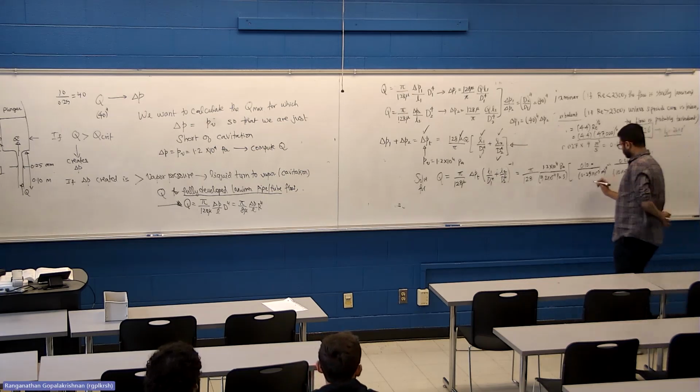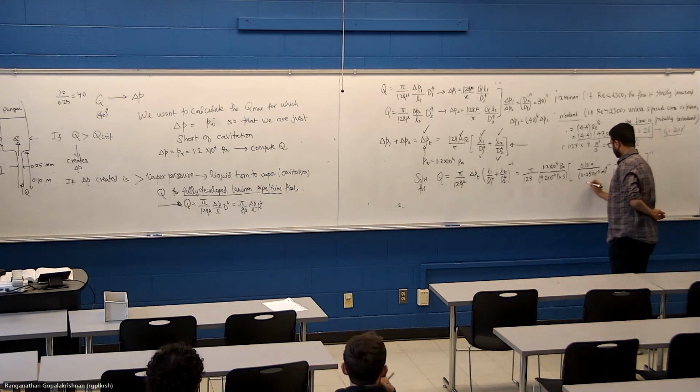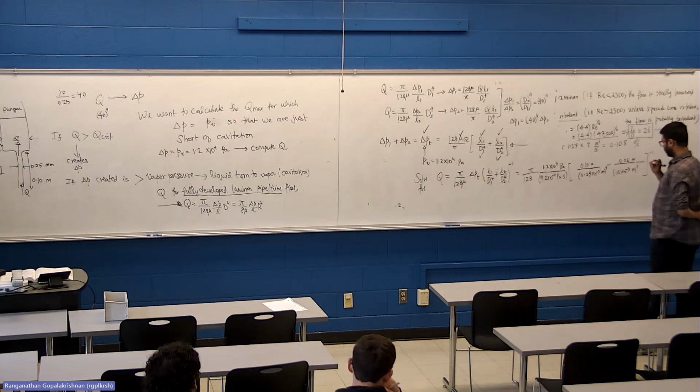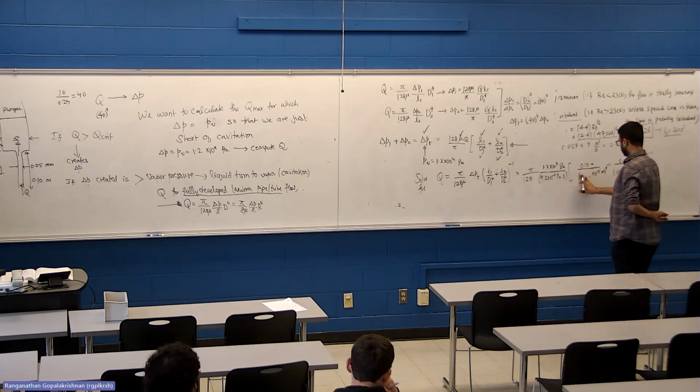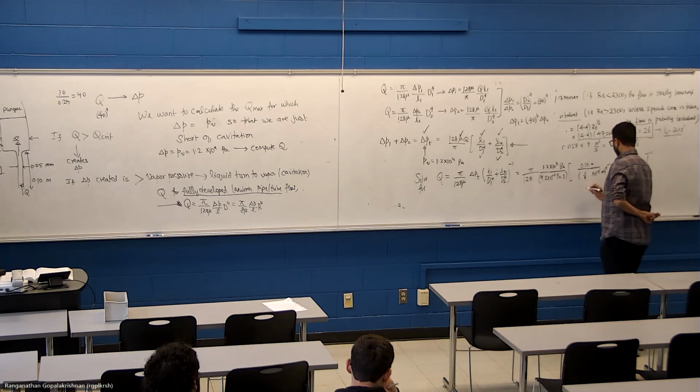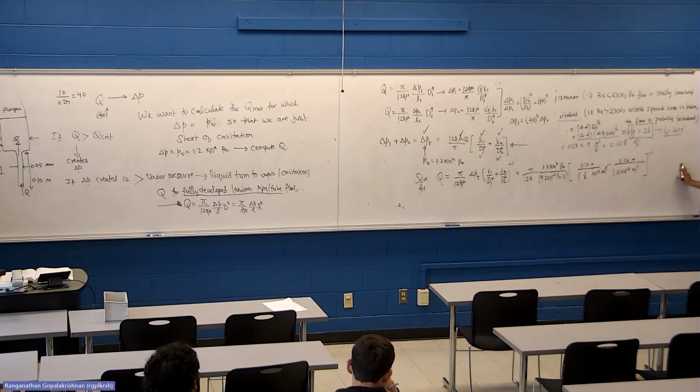So let's push through this. 25 is 1/4. So you have, what is 4 to the fourth power? 1024. Right.